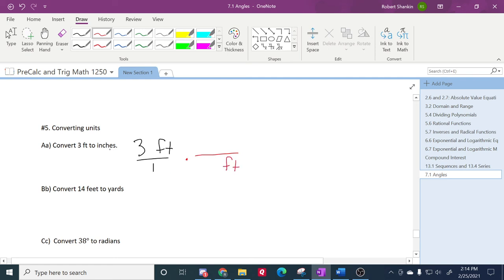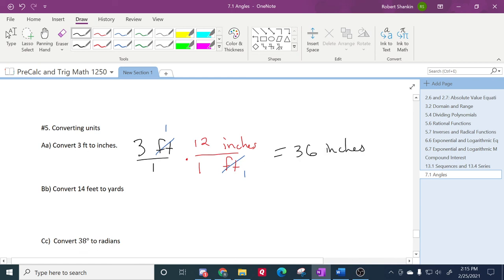What unit do I want to replace it with? Inches. Which one's bigger? Take one of the bigger one, 12 of the smaller, so that they're equal. Now what happens with the units is they will cancel out. And then you get 36 inches.